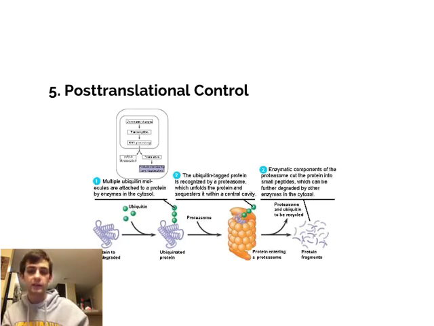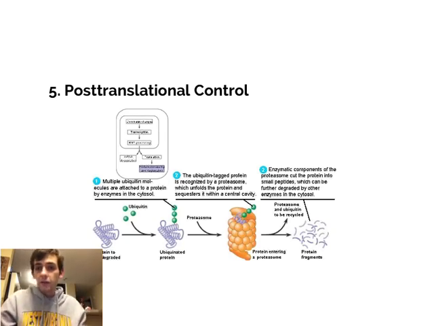Post-translational control exists in our cells as well. So this is actually an interesting process. When those proteins are made, or that long polypeptide chain is made and it undergoes all of its folding, we then have a protein. Well, sometimes we don't need the protein to stick around very long. We only need it for a very short amount of time. So what happens is that these proteins are tagged.